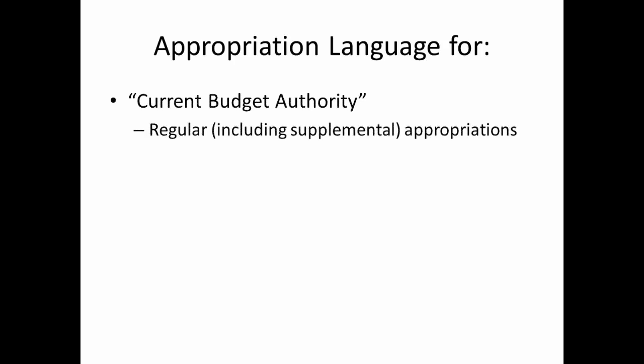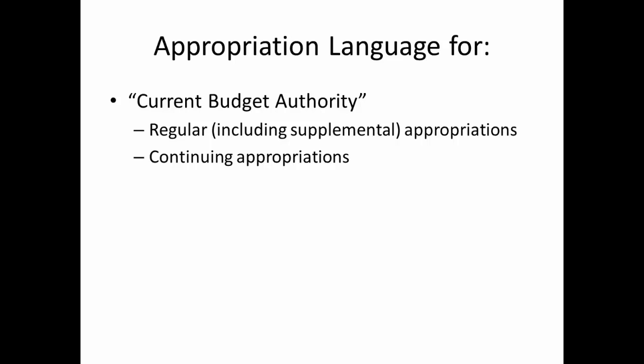This is the third in a series of 3 modules on reading appropriation language. In modules 1 and 2, we discussed the appropriating language of the 2 types of current budget authority: regular, including supplemental appropriations, and continuing appropriations, a slightly different, though still all too common, way of providing appropriations.